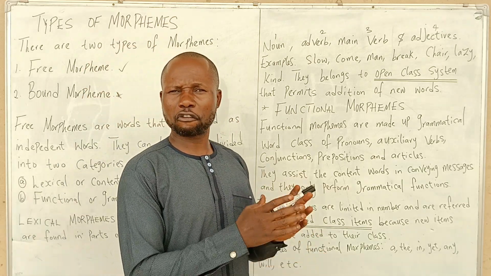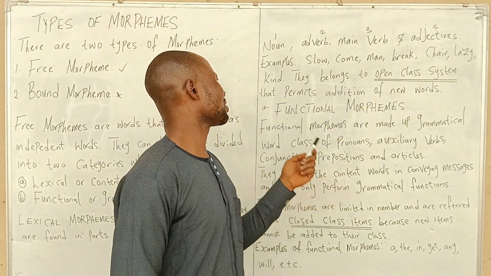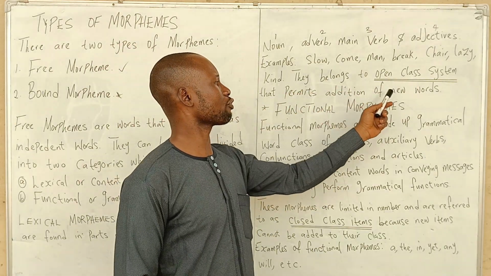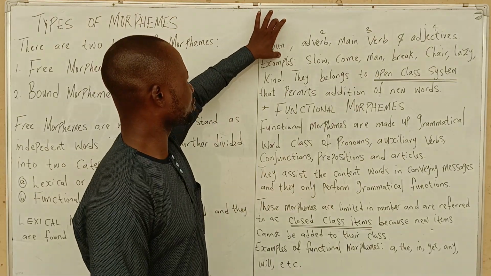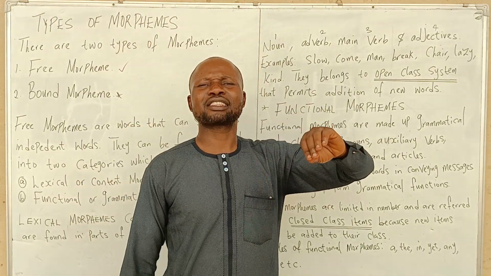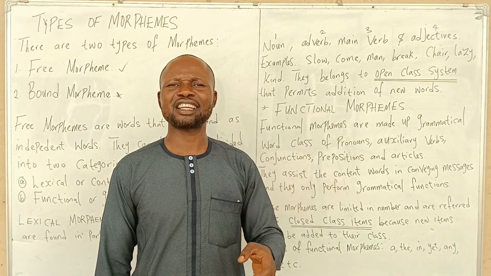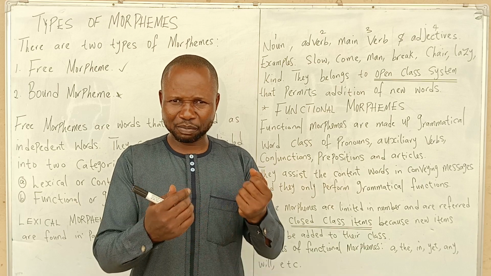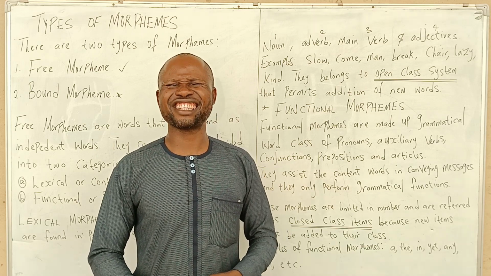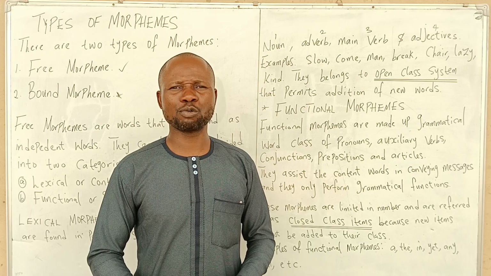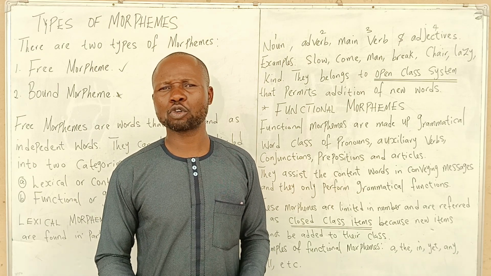Under this free morpheme, they belong to the open class system that permits addition of new words. Now that means a noun will always accept and admit new words. For example, if somebody created a word and decided to call it a name of anything, it goes to what?